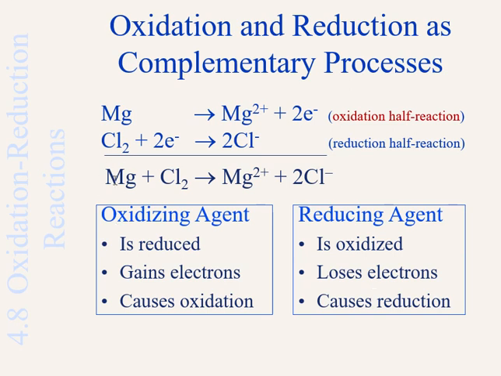Now why make this more complicated by having this new terminology added to this discussion? It's because many times chemists are looking specifically for some agent, some oxidizing agent or some reducing agent, who gets the job done of either causing oxidation or reduction.